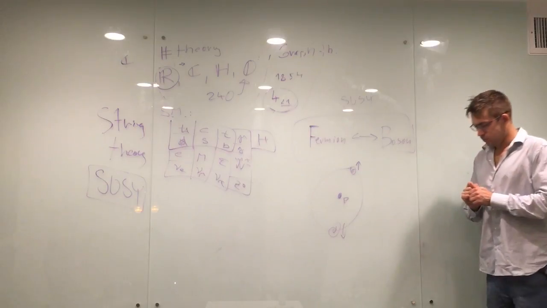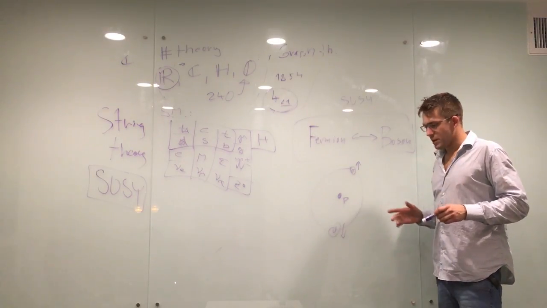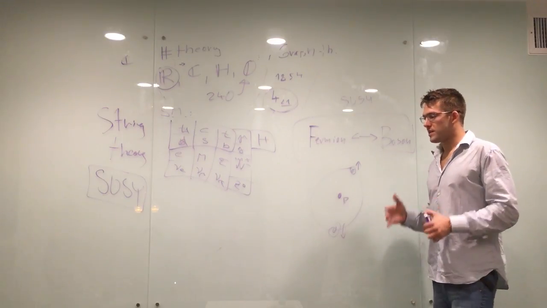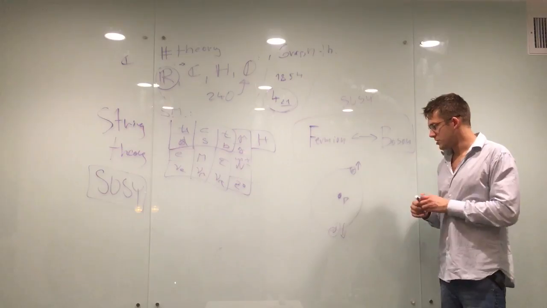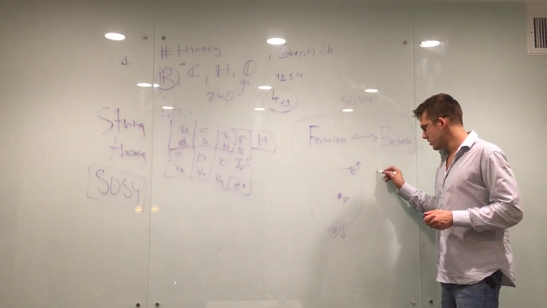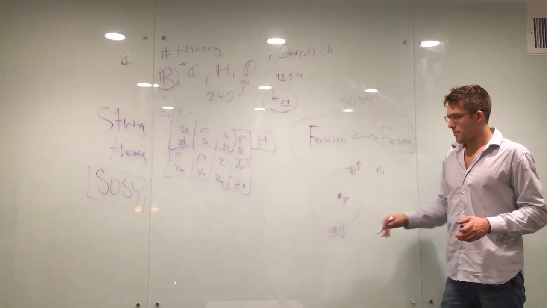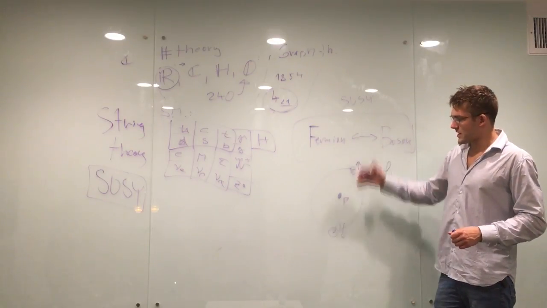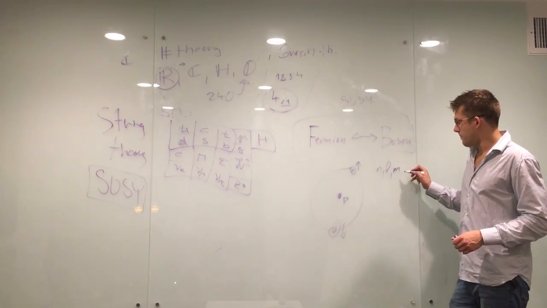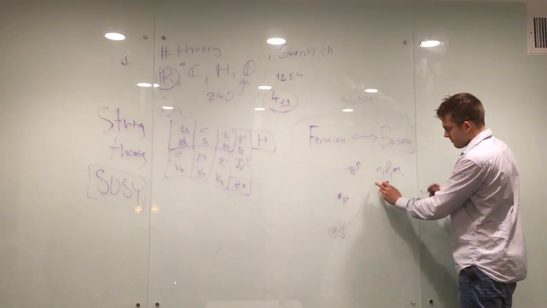But there's no scenario in which fermions can occupy the same quantum state. The quantum state of this electron is determined by the energy level, which is denoted by n. Then the orbital momentum, which is denoted by L. Then the momentum in the z direction, which is denoted by m. And that's it. But there's one more thing, and that's the spin.